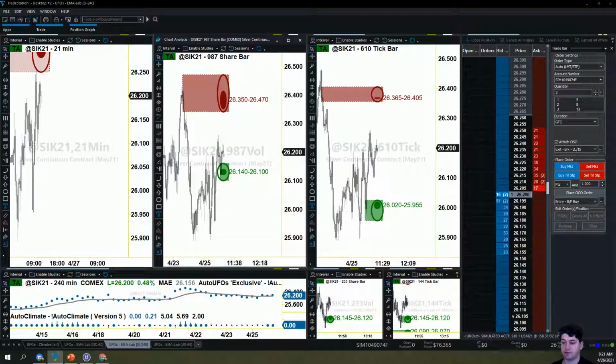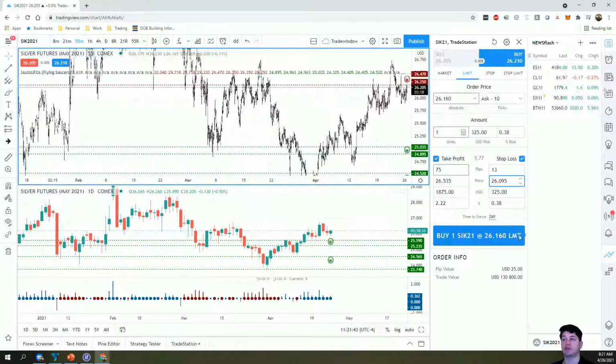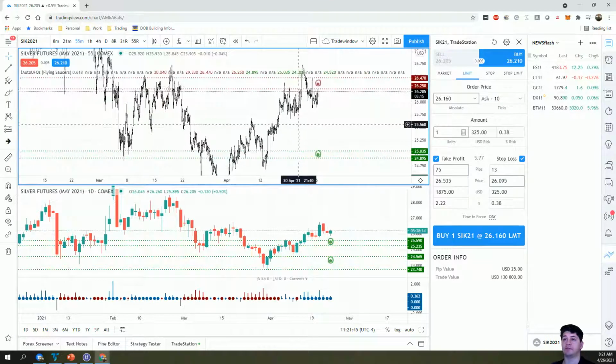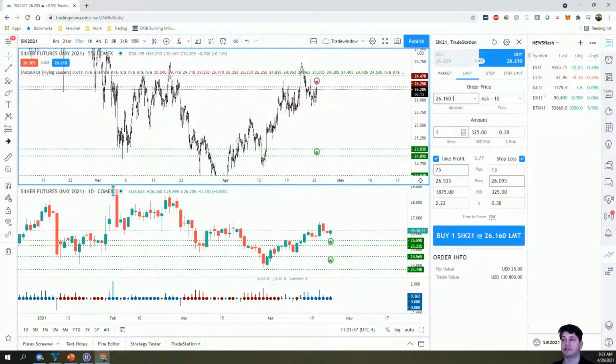Okay, so just to make sure, if we were to buy at 2616 with a stop at 26095, that's 325. Oh, I just realized I'm not showing you the screen. So if we were to buy the 2616 with the stop at 26095, that's a $325 per contract risk, which is, I would say, on the excessive side.